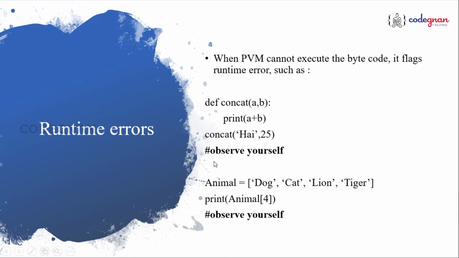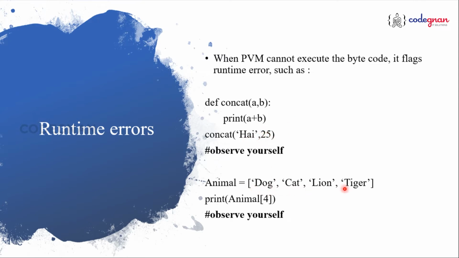But when you go to runtime, the syntax is perfectly correct. The Python virtual machine sees your syntax is correct, but the values are not matching. That's the reason you get a value error in this piece of code. You gave a plus b, where one is a string, and how can a number be added to it? A string and a number will never be added, right? That is one error here.